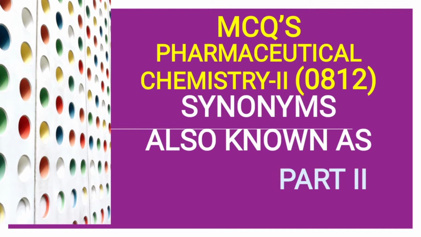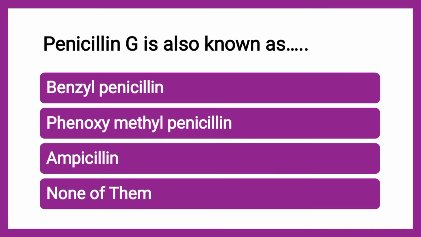Like sometimes you don't know the synonyms of the words. Like in part 1 I have explained that nicotinamide is also known as coramine, or antineoplastics are also known as anti-cancer or cytotoxic drugs, like that. So to start with part 2, first question is penicillin G is also known as dash.